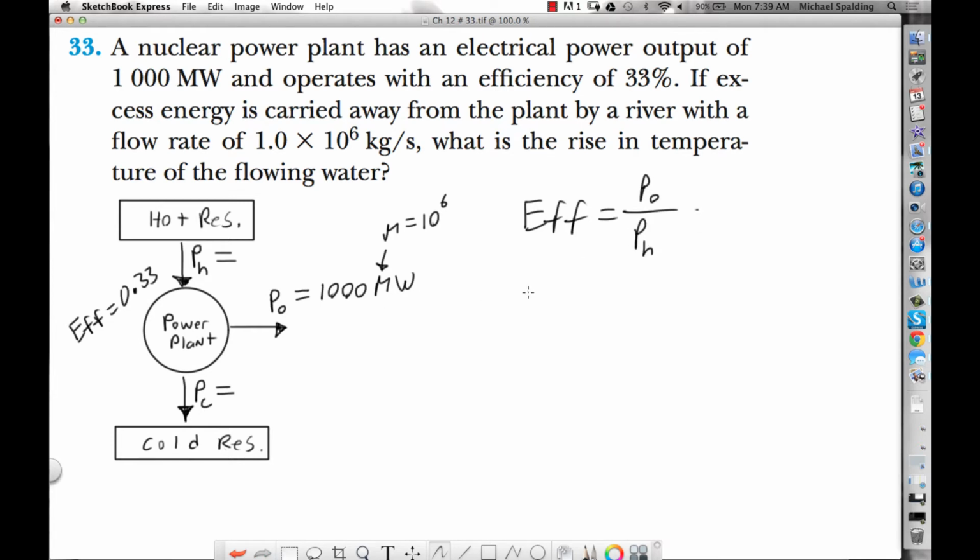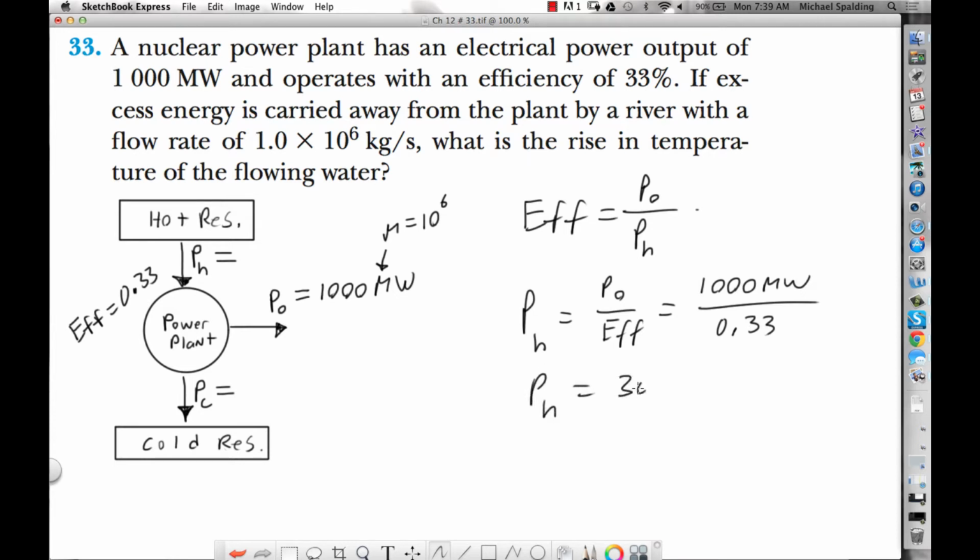Does that make sense? So rearrange this. Power from the hot must be power output over the efficiency. The power output is 1,000 megawatts. The efficiency is 1/3. So the power from the hot must be 3,000 megawatts. You guys get it? 3,000 megawatts.